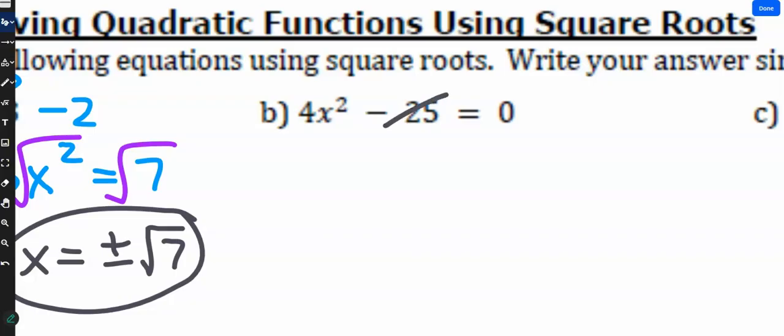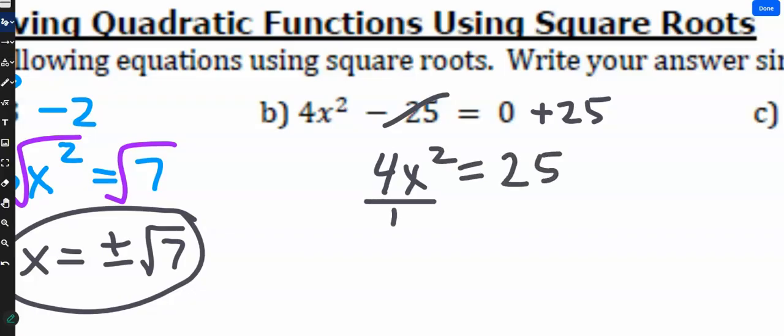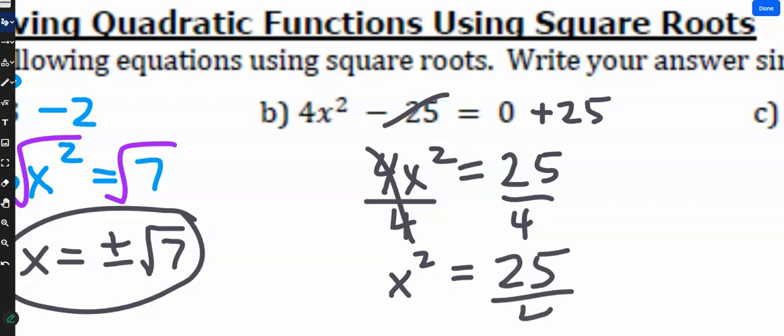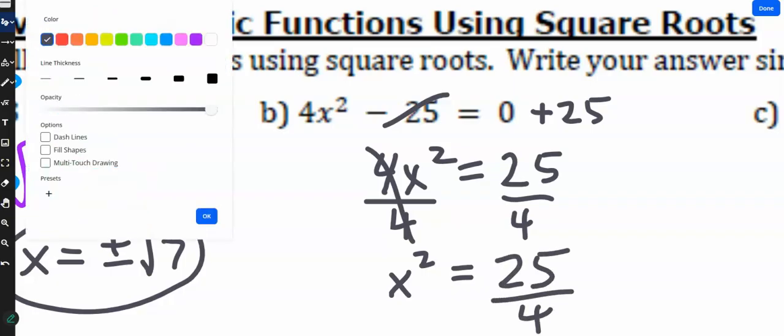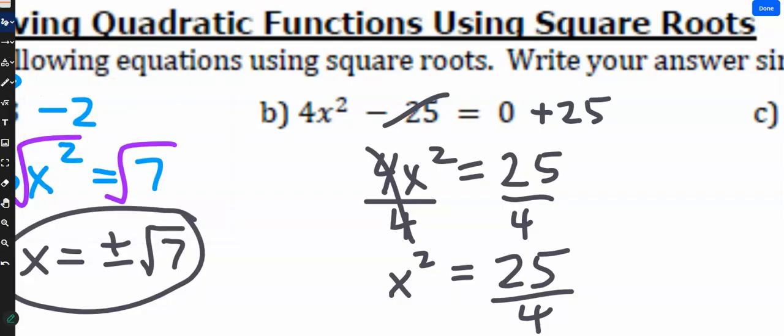Alright, so let's see here. We're going to add 25 and move that over to that side, giving me 4x squared equals 25. We're going to divide by 4 on both sides, so we have x squared equals 25 fourths. I suggest you leave it in. With these perfect squares, 25 and 4, don't change it.